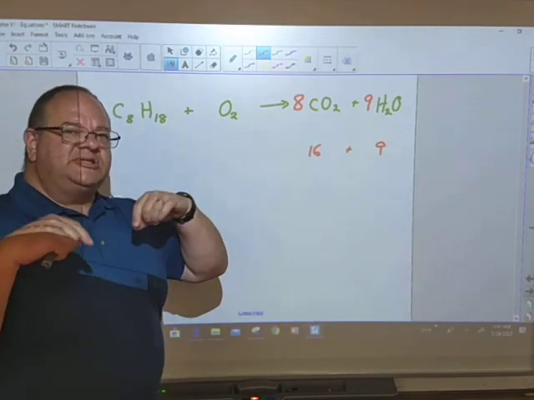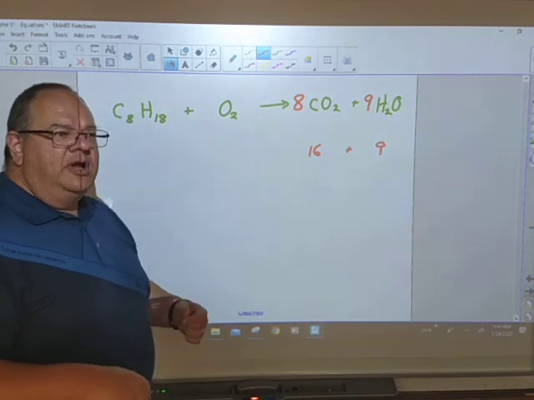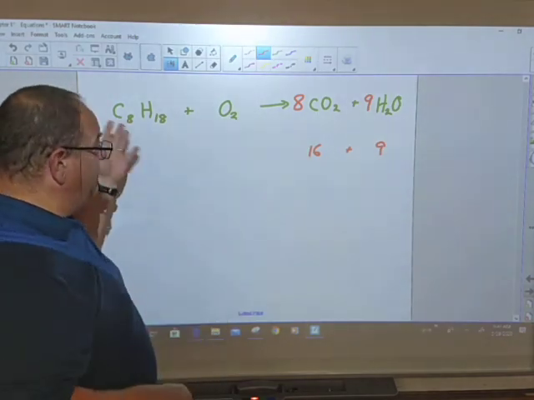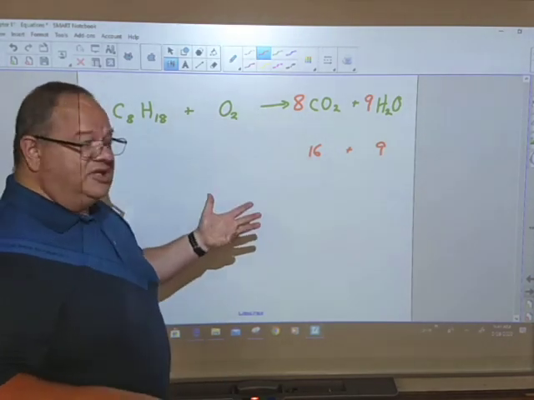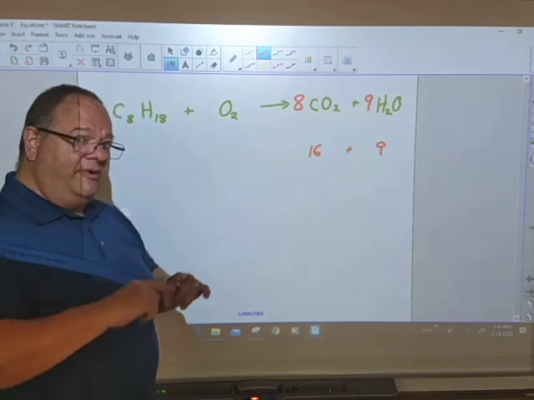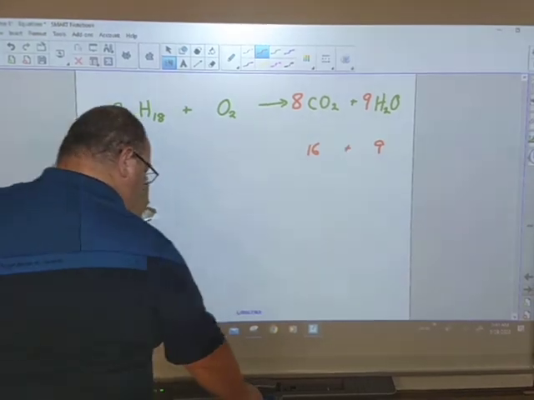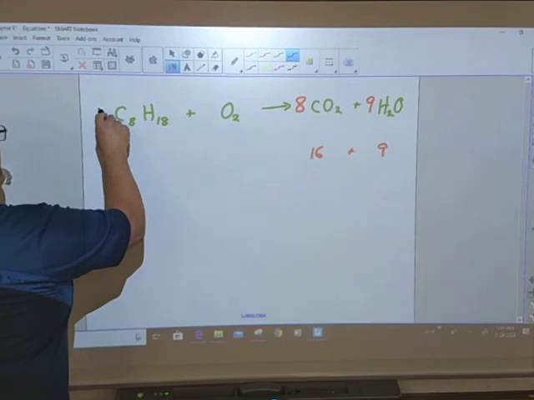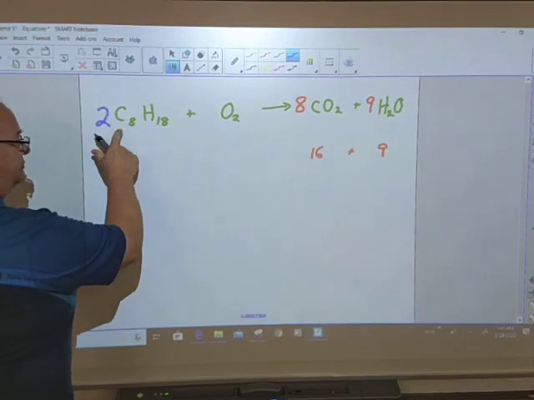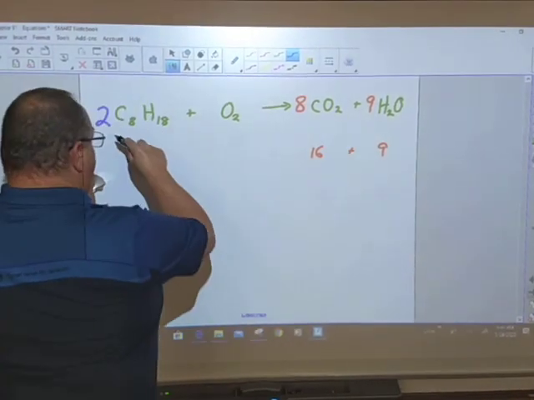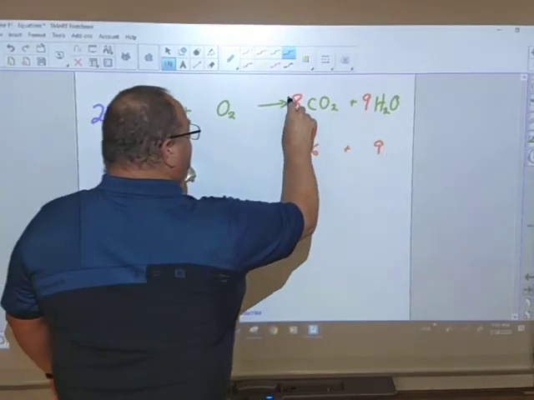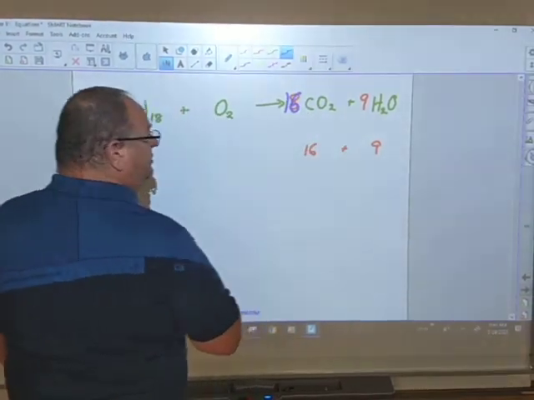Okay? So this is that last tip that I gave, where I got the carbon and hydrogen balanced, but the oxygen doesn't work. And I said, double what we've already done. So I'm going to change this to a 2, which then is going to make 16 carbons. So I'm going to change that to a 16.